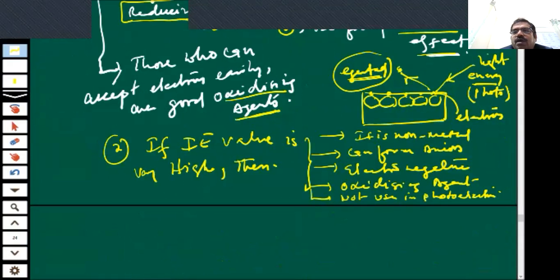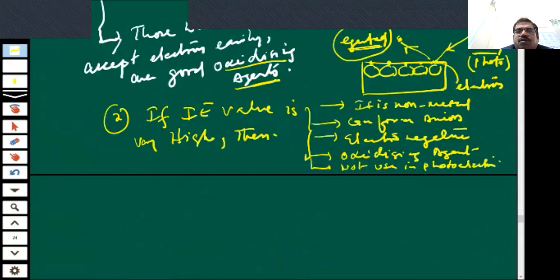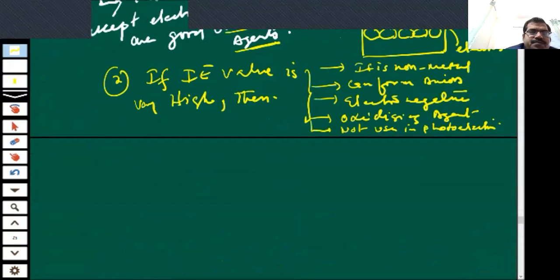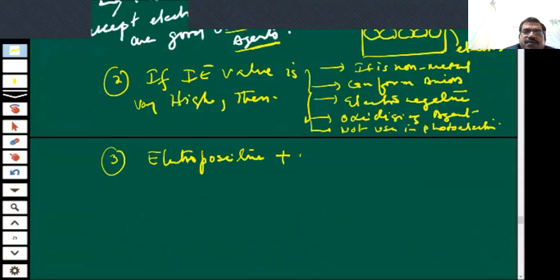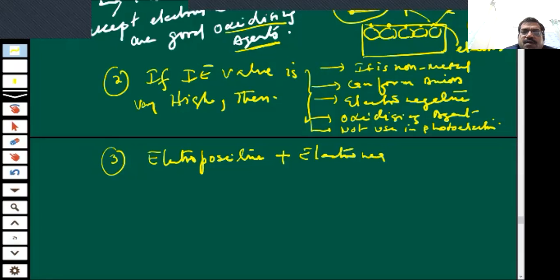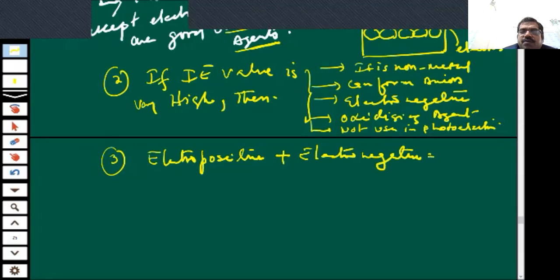And if electropositive and electropositive, I think this point I also explained earlier. Electropositive plus electronegative, the bond formed will be an ionic bond.